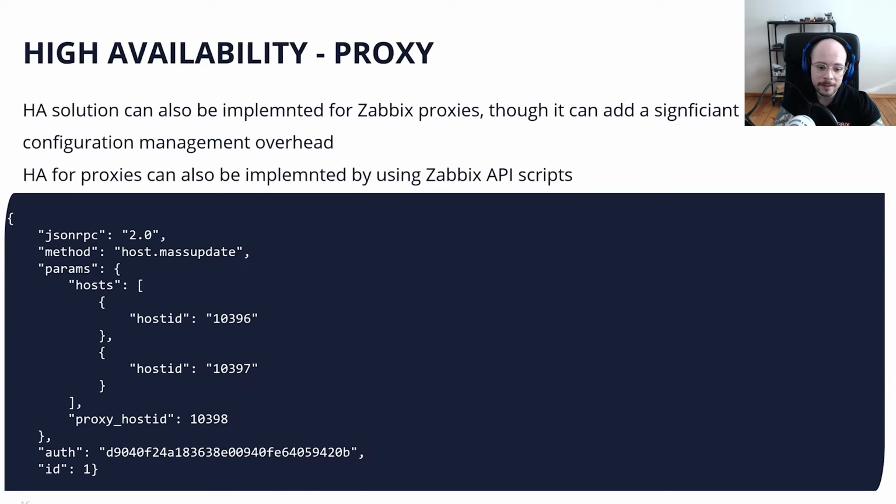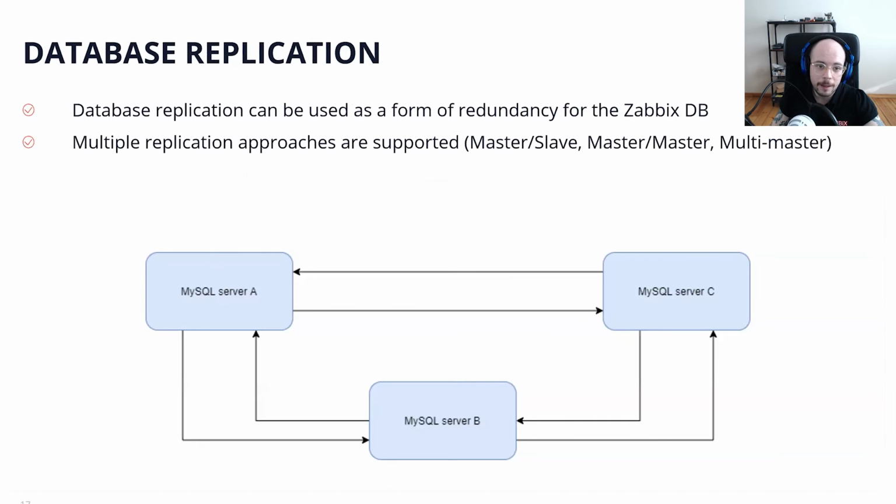If proxy A is down, we can use the Zabbix API to move hosts from proxy A to proxy B. Here I'm using host mass update to change my proxy. So these hosts will now be monitored by a different proxy. Once again, of course, not as simple as it looks, but it's definitely a possibility. If you wish to have robust environments, then some complexity is unfortunately a must-have. That's just something that does happen.